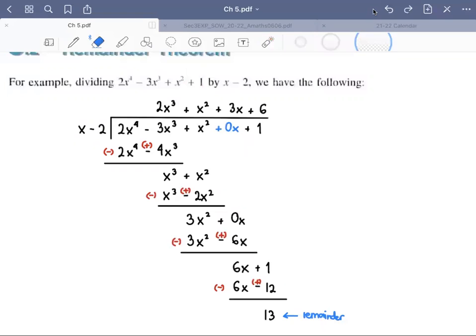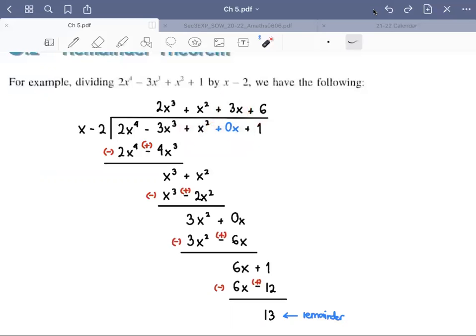You can basically leave an empty space here. Okay, but for some, it will help them if we have plus 0x here. Okay, but you can just leave that empty because you cannot align this with 1 because these are two different terms, right? And of course 3x you cannot align it with x squared because again this is different terms. That's why this is just a placeholder for x.